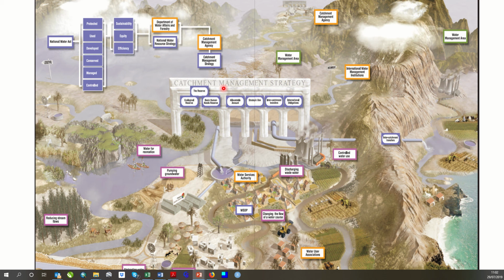Okay, let me ask you this question. Which is the worst in terms of impact? Mining with pollution, agriculture with pollution and they're extracting too much water, dams with barriers, alien invasive species, or people? People, because we have wastewater treatment works.